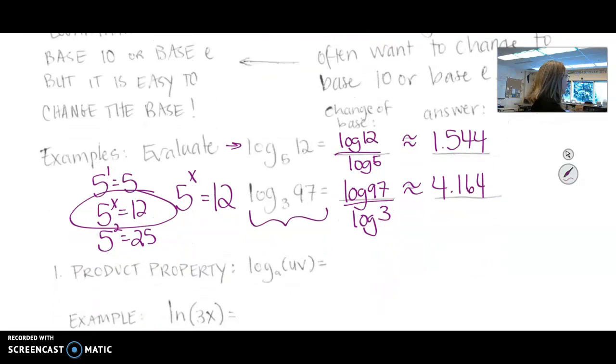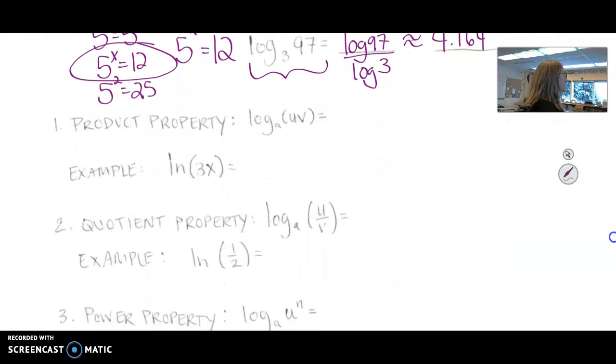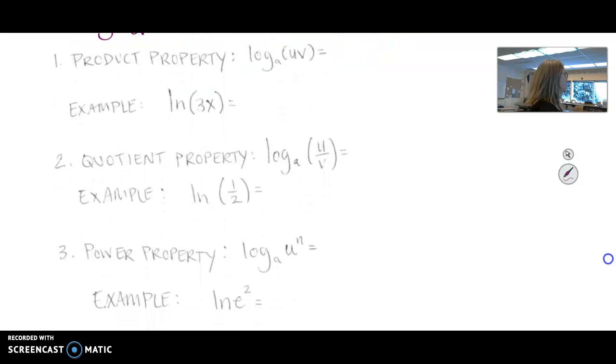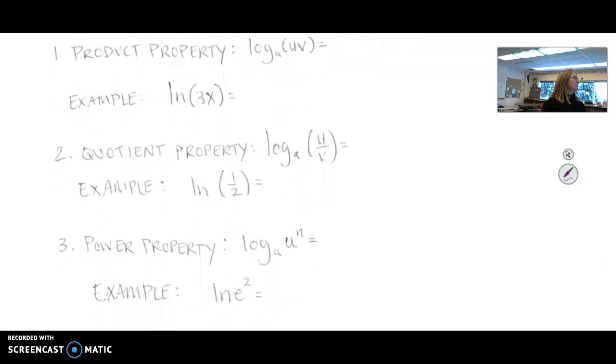Okay, so let's look at a couple of additional properties: the product property, the quotient property, and the power property. So the product property is when you have a log with a product, you can rewrite this as the log base A of u plus log base A of the second factor b.